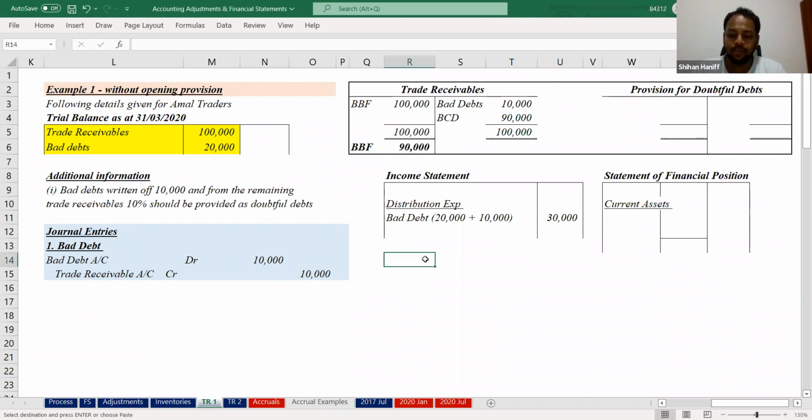Okay. Then how much is the doubtful debt? Can you tell me? Yes, it's 9,000.